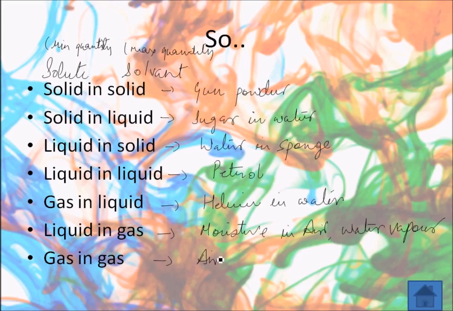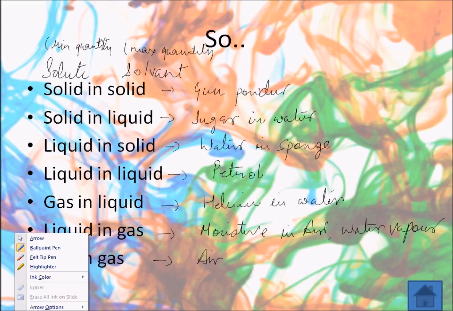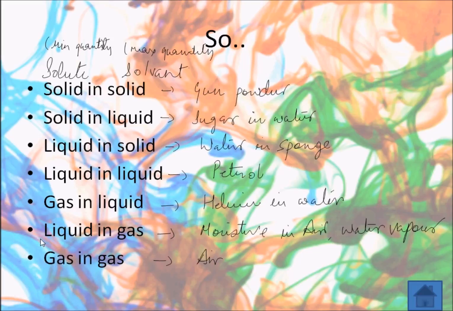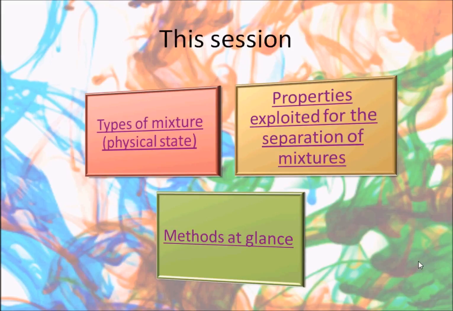Right? So let's understand what properties are used if you want to separate these kinds of mixture, which depend upon their physical state. So now we'll understand the properties which depend on the physical state of the constituents of the mixture and also the type of mixture.